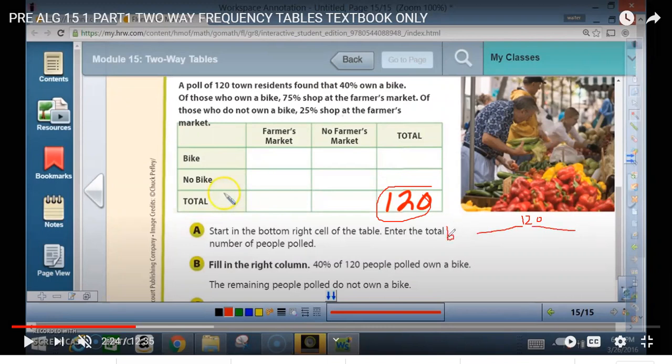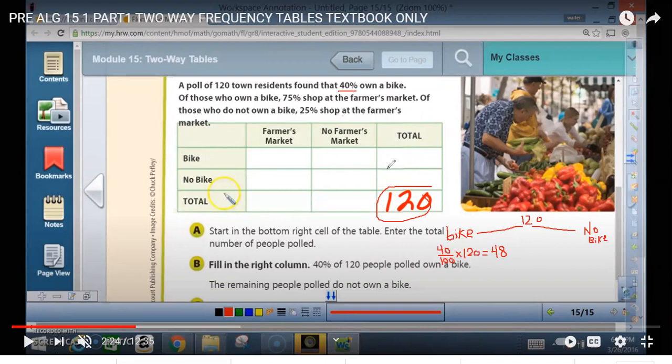Who has a bike, and the second one, no bike. After that, he said 40% own a bike, then 40% times 120 will be equal to 48, which means that from the total number of residents, 48 have a bike.